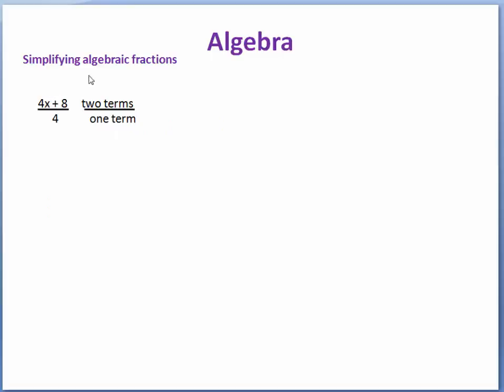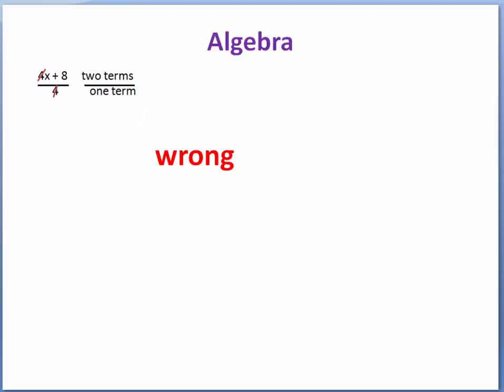Okay, so (4x + 8) divided by 4. We've got two terms on the top and one term on the bottom, so we can't cancel out. It's wrong to do that.